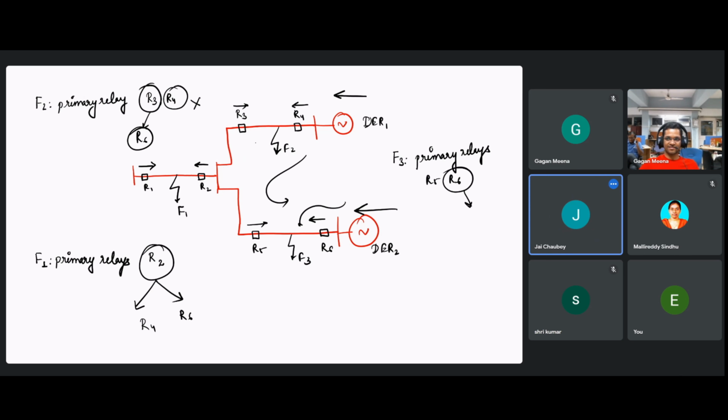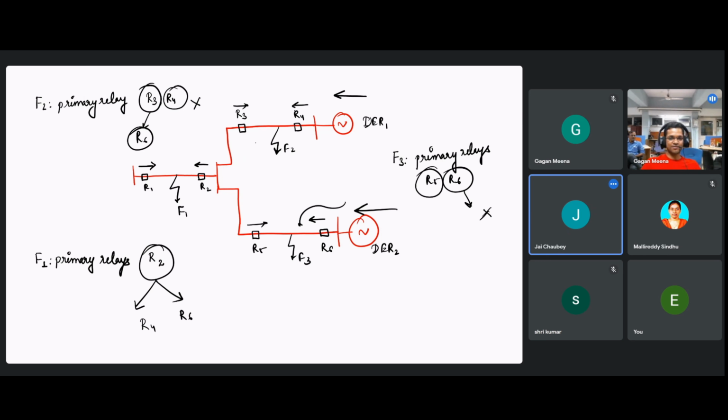R6 will have only one backup, R4. How can R6 have R4, because current never flows like this. The current directions are not matching. R6 is not having any backup. Correct, no backup.